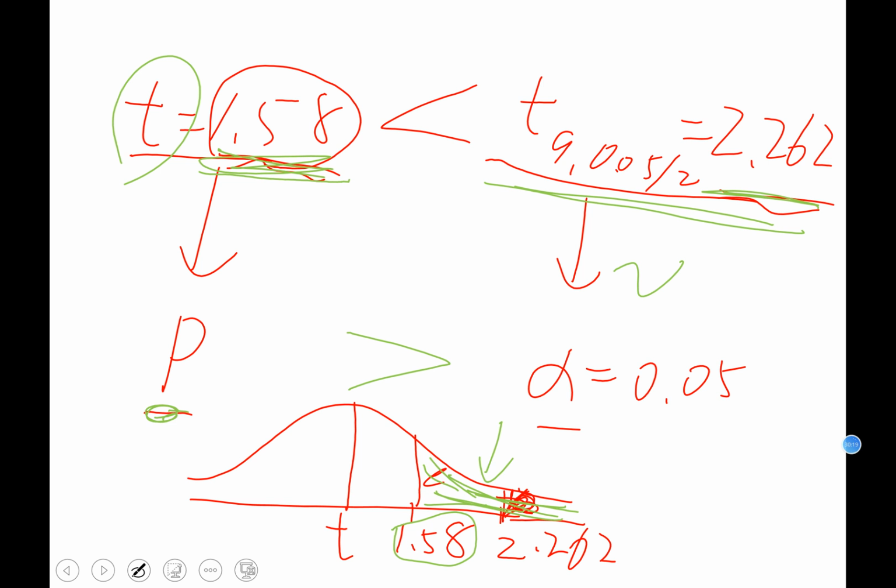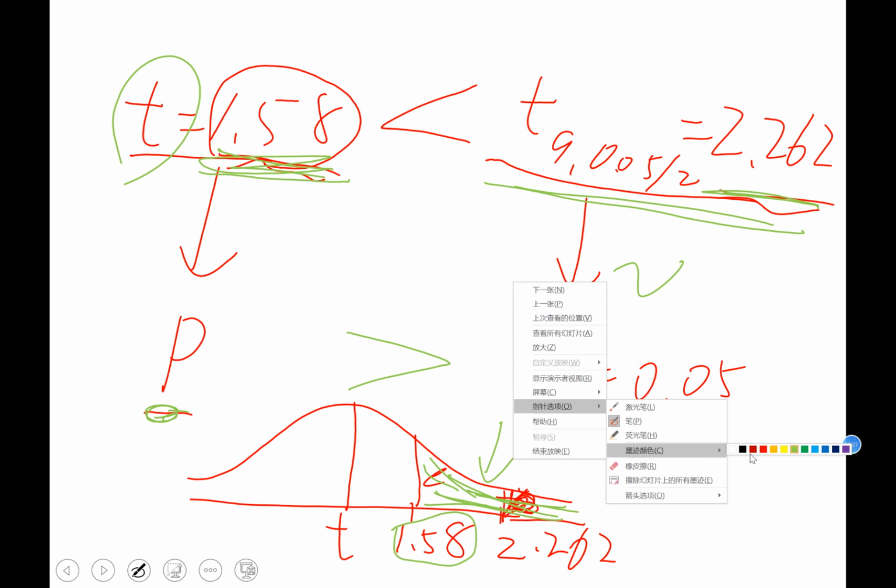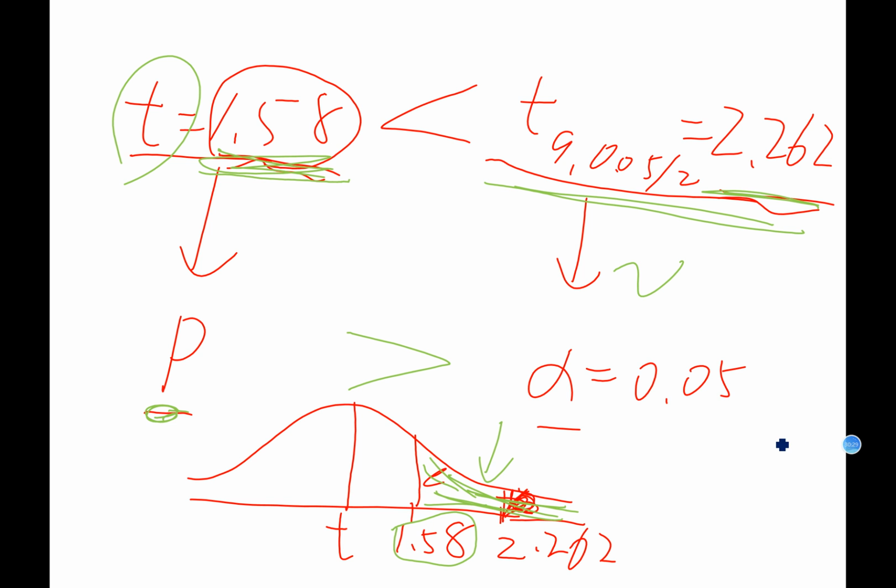If the t-value which we calculated is bigger than the standard t-value, its corresponding probability will be covered by alpha.